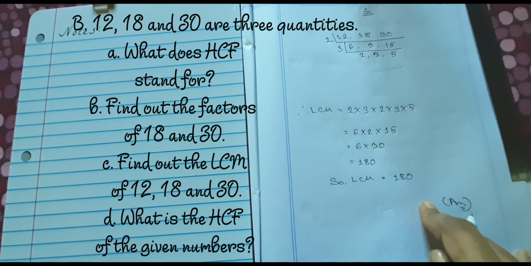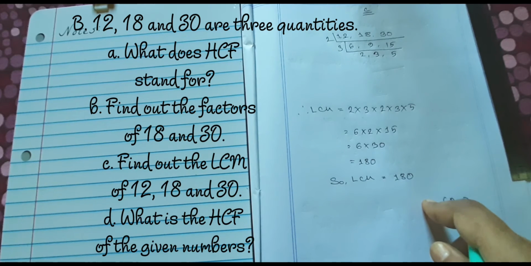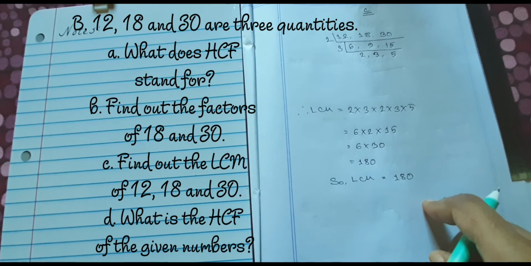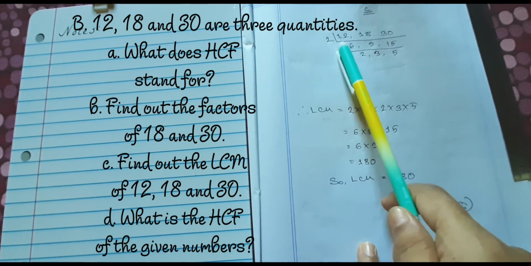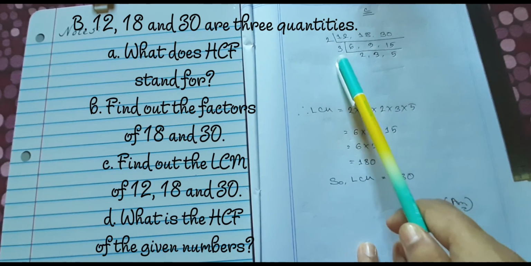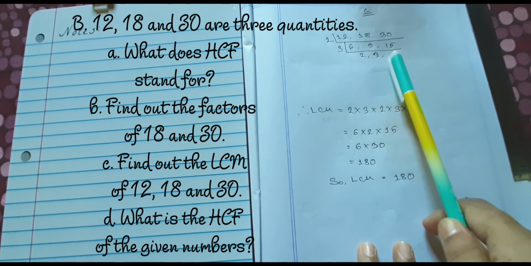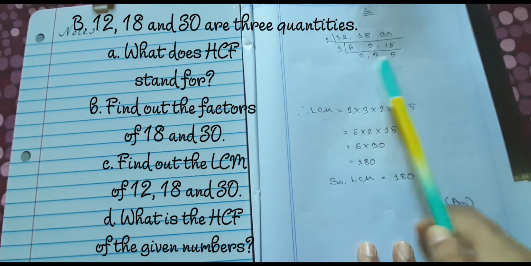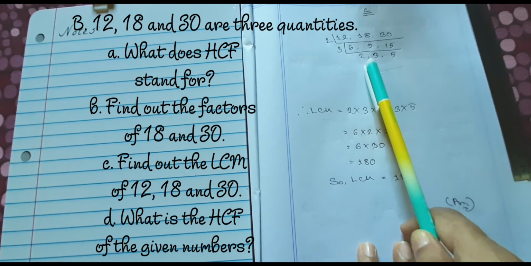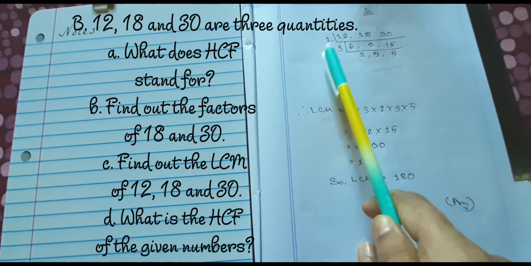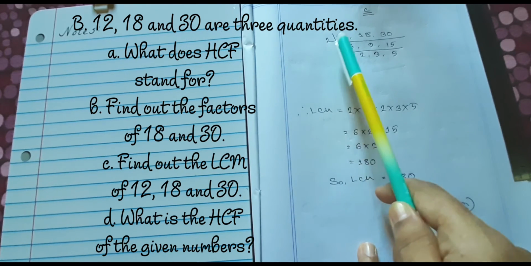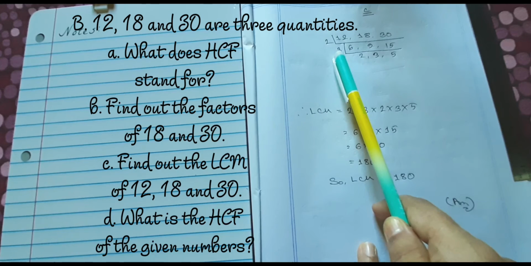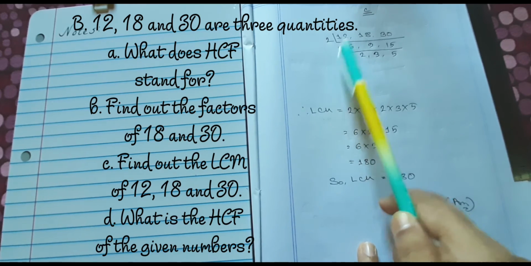D number question. That one is, what is the HCF? We are going to find out the HCF now. Okay. I want to tell you one thing about this. 2 is dividing all of the numbers, correct, and 3 is dividing all of the numbers here. Up to this we cannot divide anything else. So if you want to go for HCF, we are going to take only 2 and 3 from here, because they actually divide every single number in this Euclid method.